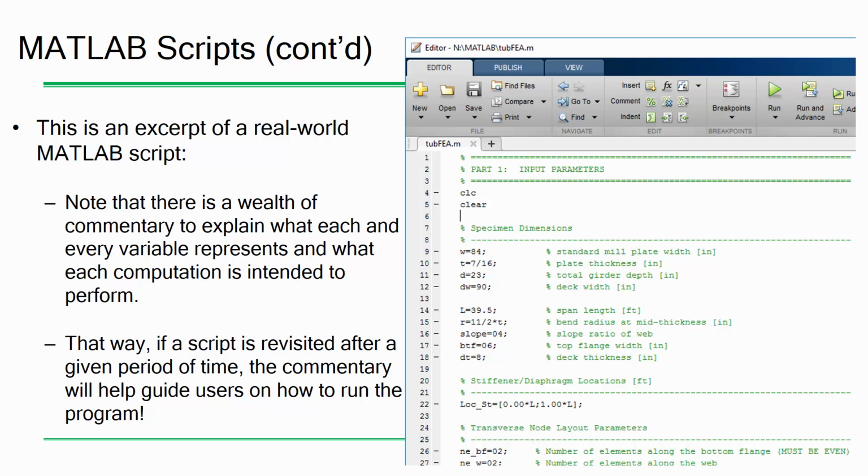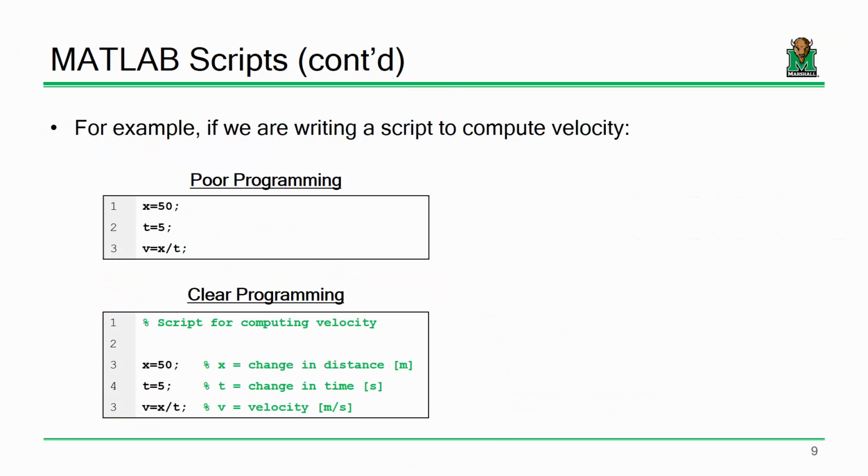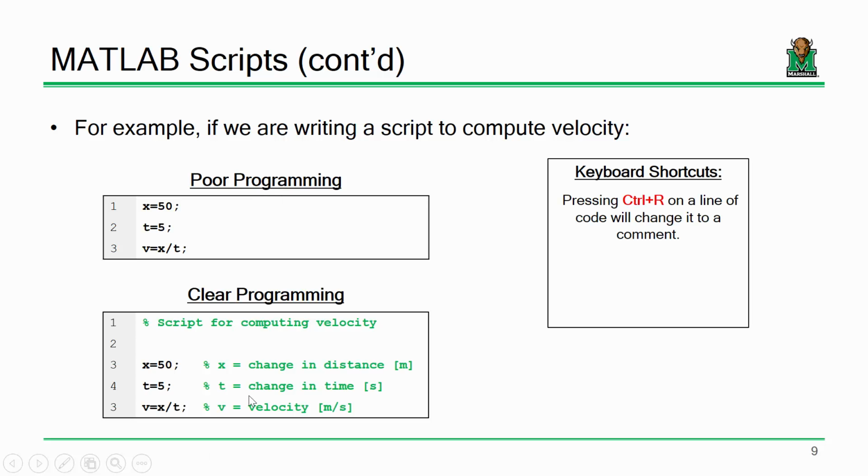A lot of information there, and you don't want to have to figure out how a program works more than once, and the comments allow you to do that. So poor programming doesn't have comments. Clear programming does.